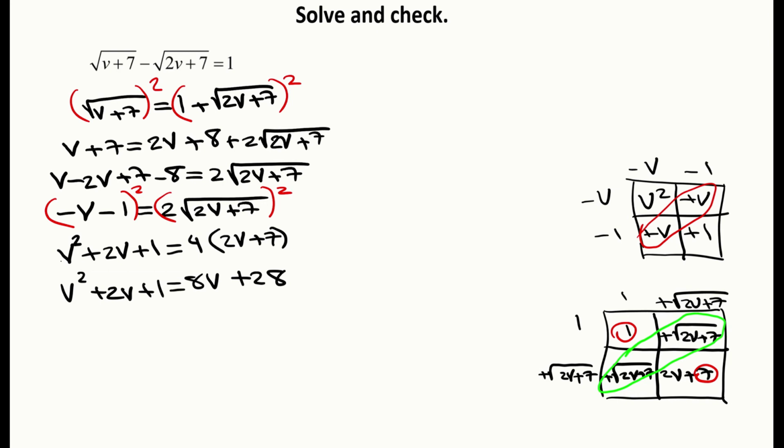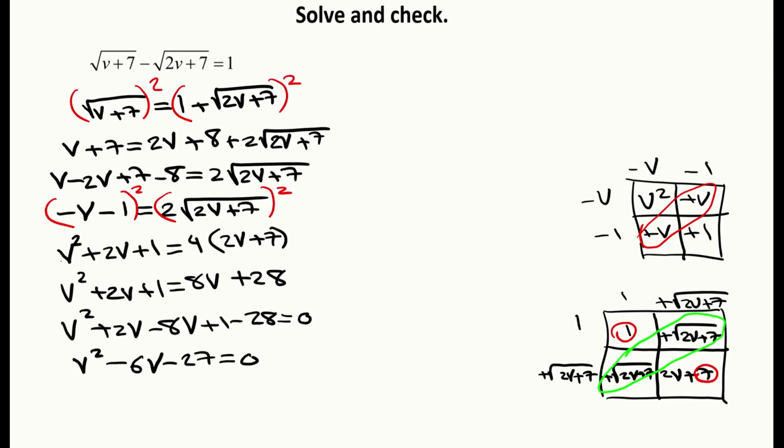It's a quadratic, so we'll move everything to the left side. So we get v squared plus 2v minus 8v plus 1 minus 28 equals 0. So we get v squared minus 6v minus 27 equals 0.